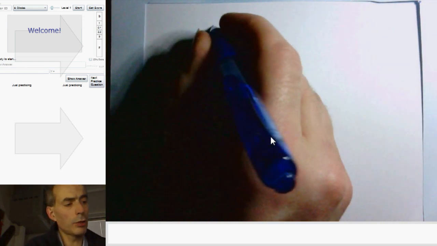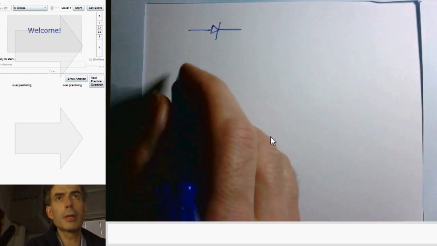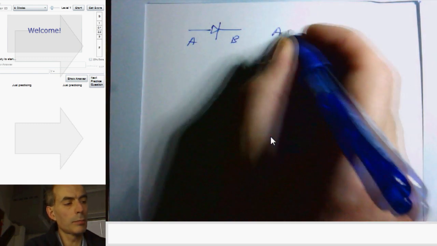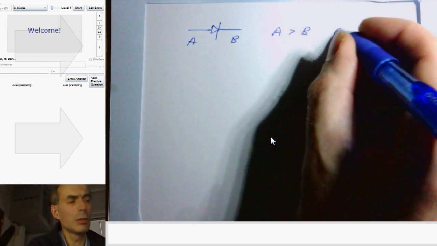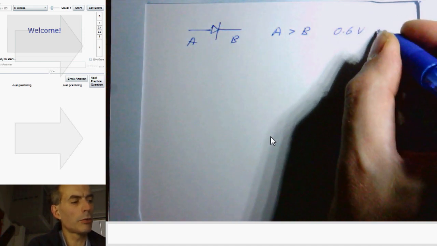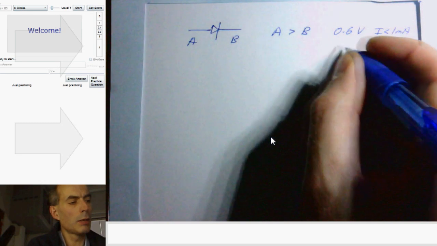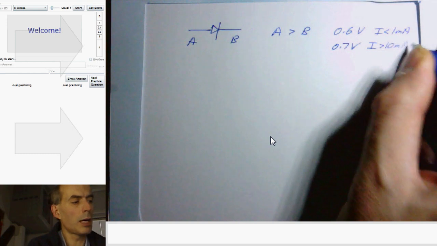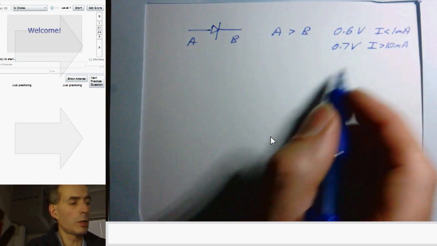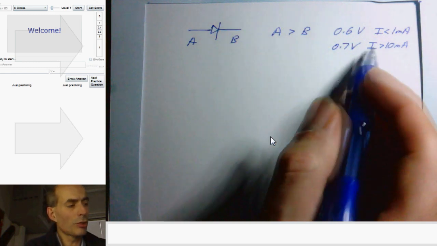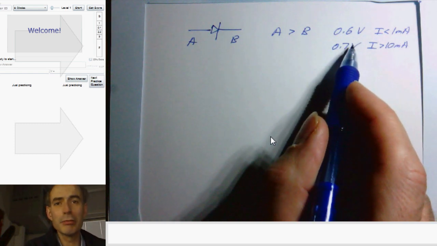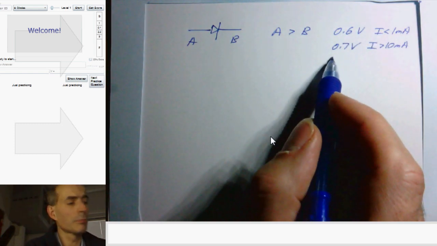First of all, as a general rule of thumb, the voltage across a silicon diode which is forward biased, in other words the anode here is at a greater potential than the cathode, is about 0.6 volts if the current is less than about a milliamp, and maybe 0.7 volts if the current is greater than 10 milliamps, and somewhere in between if it's somewhere in between those two currents. Not exact, does depend on the diode quite a bit, but as a general rule of thumb, that's probably good enough for Level 1 and Level 2.